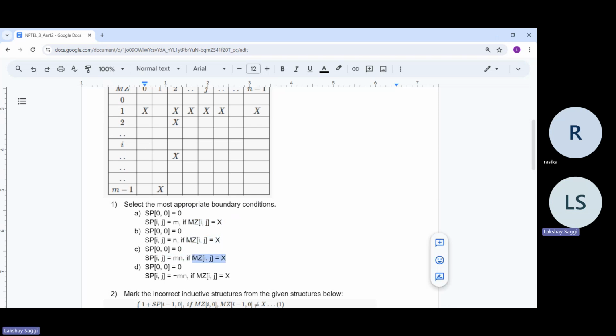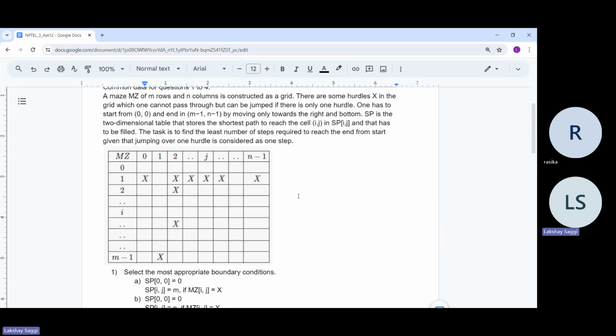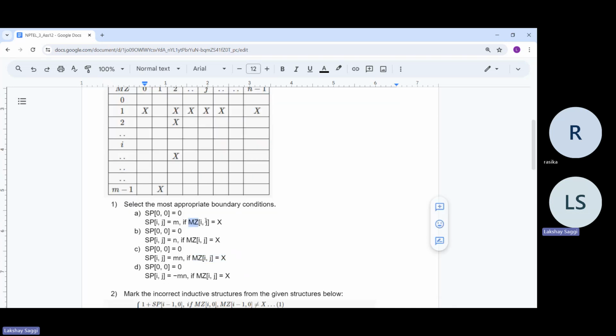So effectively, if there is a hurdle at that step, it means that we cannot reach that cell, right? So if the maze at (i, j) has a cross, it means that we cannot reach (i, j). What this effectively means is that there will be no path going from (0, 0) to the (i, j) cell if that cell has a cross inside it.